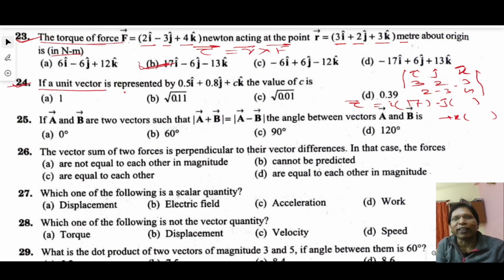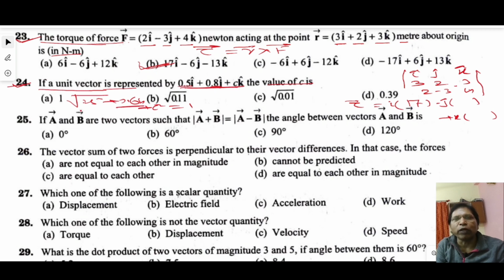Now question number 24. If a unit vector is represented by this and this, the value of c. Look at this, a unit vector has magnitude 1. So under root of 0.5 square, that is 0.25, plus 0.8 square, that is 0.64, plus c square, this equals 1.